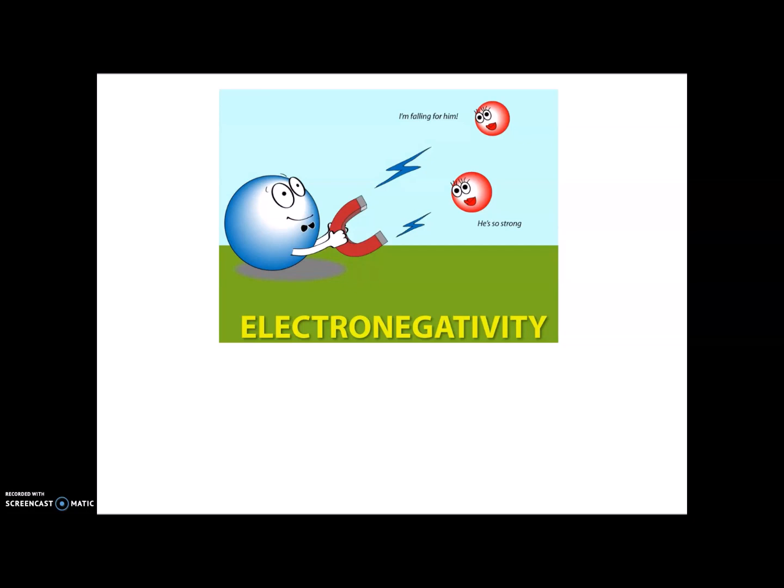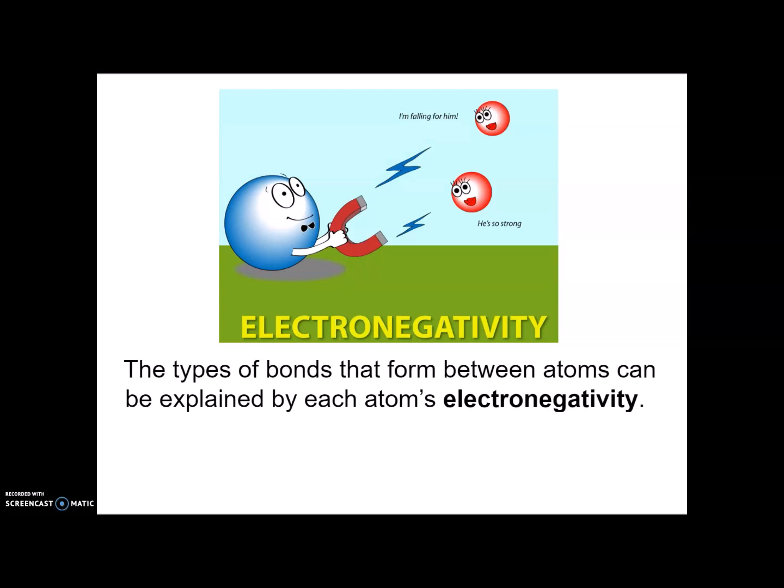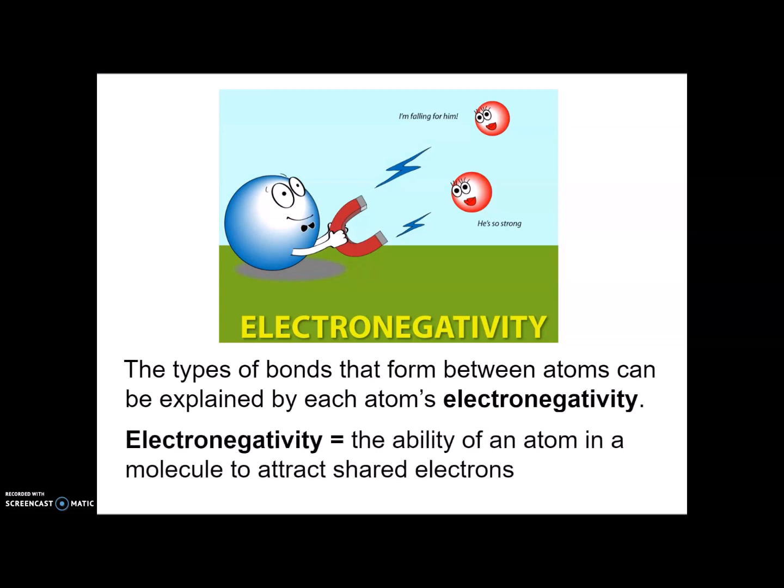Well, to answer that, students, we have to introduce a concept called electronegativity. Electronegativity is the ability of an atom in a molecule. So it's already got to be in a bond before we can talk about an atom's electronegativity.